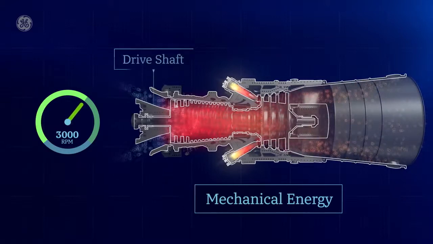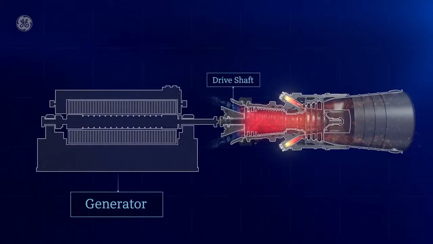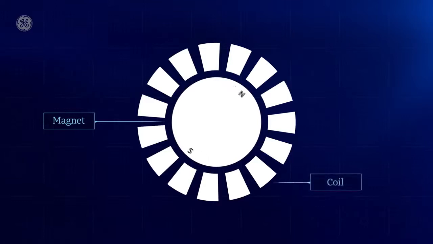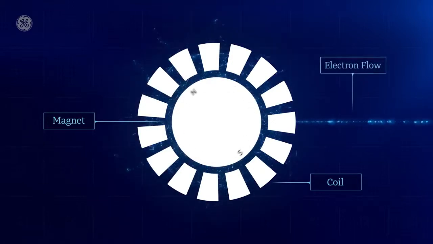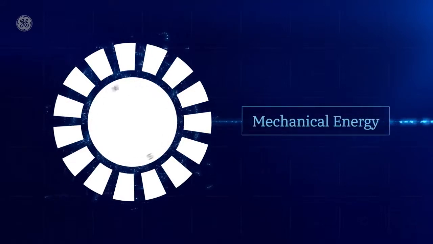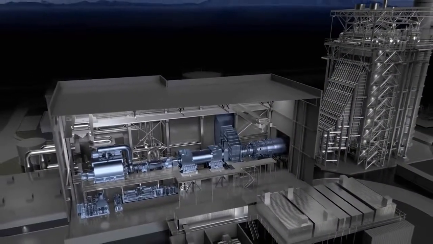So the drive shaft in the gas turbine will be connected with the generator. And we have a magnet and a coil which function to produce the magnetic field in order to produce the electricity, and also produce electron flow. And mechanical energy at the same time will be converted into electrical energy. This is all for the gas turbine.